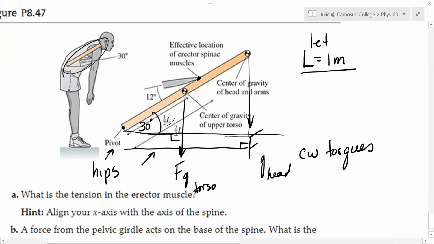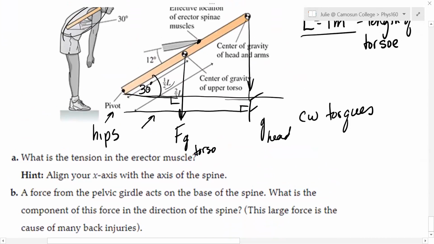Now, that's not the lever arm. This is the length of your torso from your hips to your head. But the lever arms are the distance along your back times cosine 30.